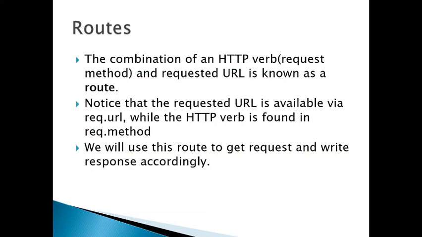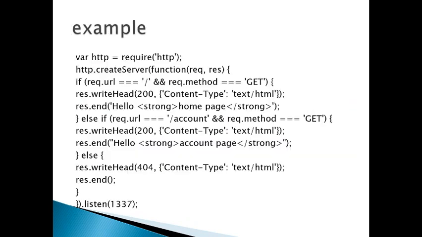Same abc can be called with the delete. So route is actually a combination of verb plus URL. Notice that the requested URL is available via request.url, while the HTTP verb is available with request.method. We will use this route to get the request and write the response accordingly.